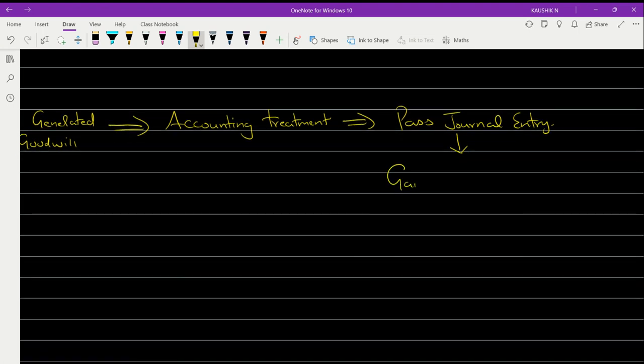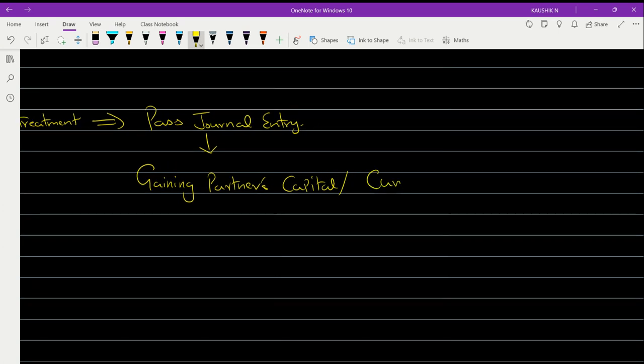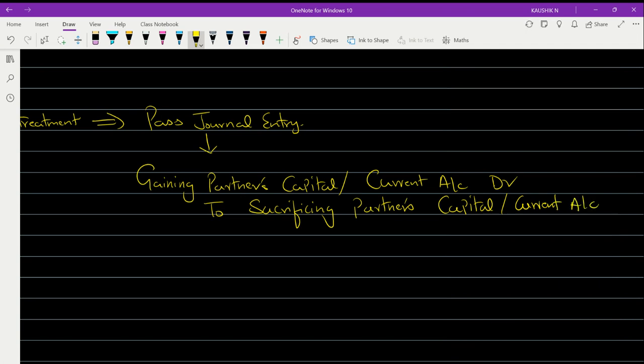Gaining partners' capital or current account is debited to sacrificing partners' capital or current account. This is the normal basic journal.